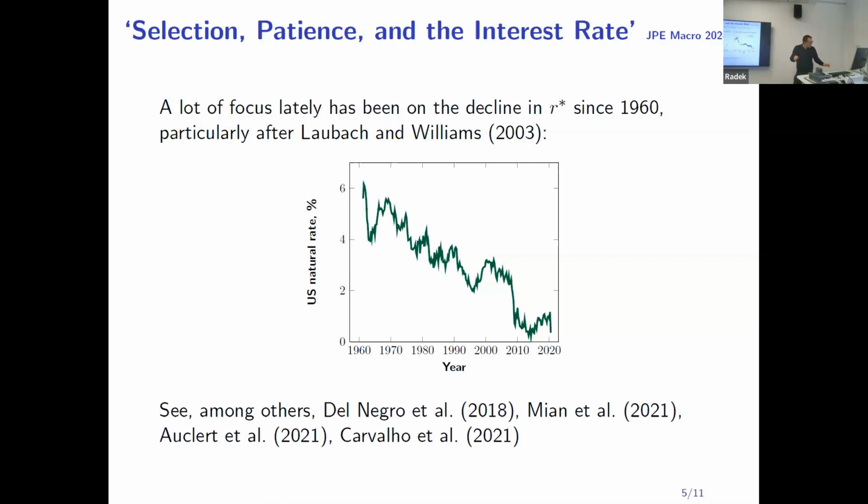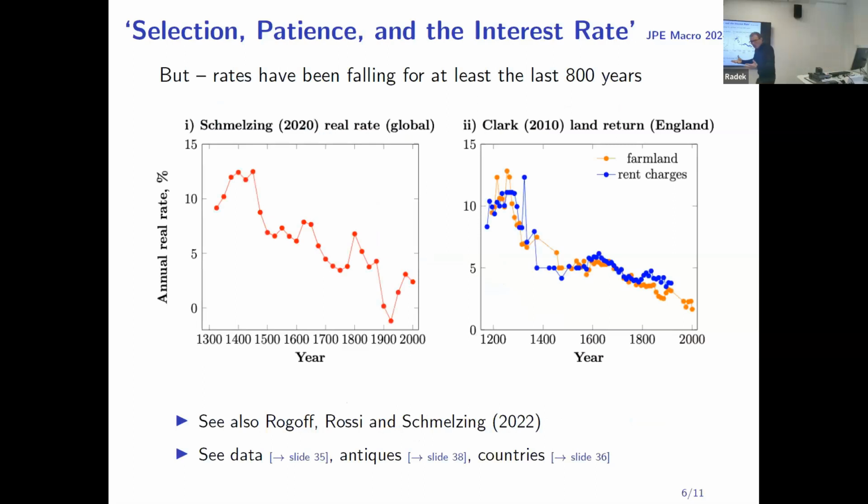Nice, but it turns out that this decline has been going on for much, much longer. This picture on the left is a lovely data series from Schmelzing, who constructed a risk-free global rate of interest going back to 1300 to today. They show that there's been a relatively smooth decline in the rate of interest since the 1300s.